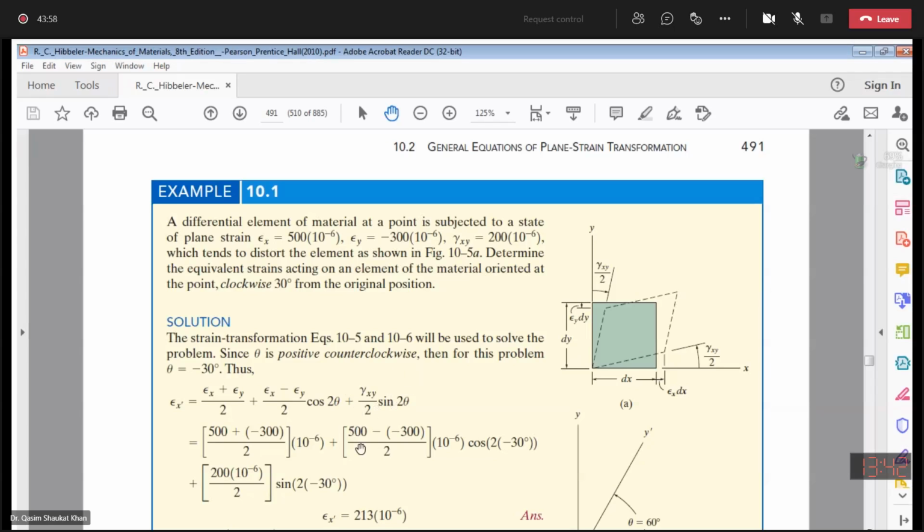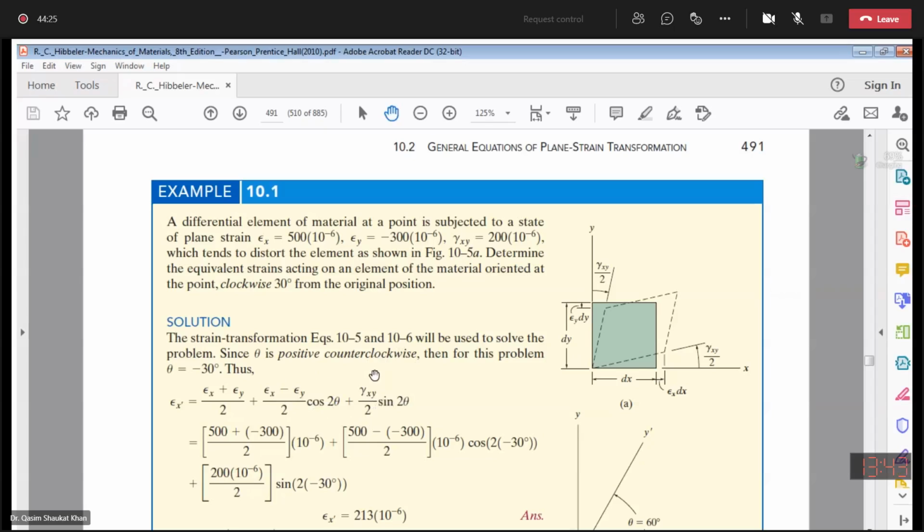And then when you calculate epsilon y dash, only your signs are negative. So for this part, epsilon x plus epsilon y over 2, I have a value of 100 microstrains. Epsilon x minus epsilon y over 2 cos 2 theta, I have 200 microstrains. And this gamma xy over 2 sine 2 theta is minus 86.6 microstrains.